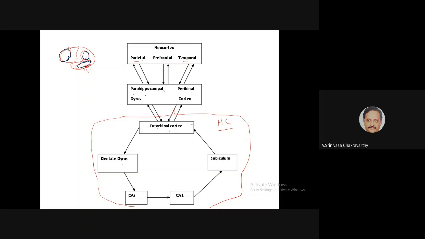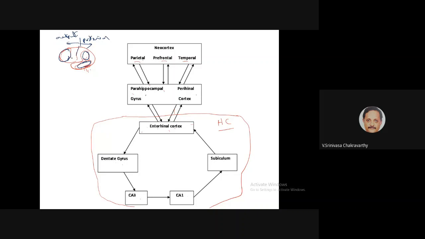Okay, so the major thumb rule of brain function is that the posterior brain, back or posterior, is all about input processing. Very, very crude thumb rule, but quite valid. And anterior brain is all about producing output. Right?